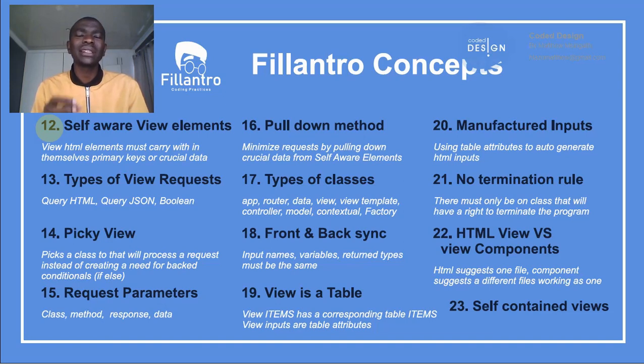You can just hang that item description on the li tag as an HTML attribute when you are rendering that HTML, so that you can use a pull down method, like pulling an apple from the tree, so that jQuery or JavaScript can just pull that data from the attribute instead of going to the database, creating a request and getting that information back.